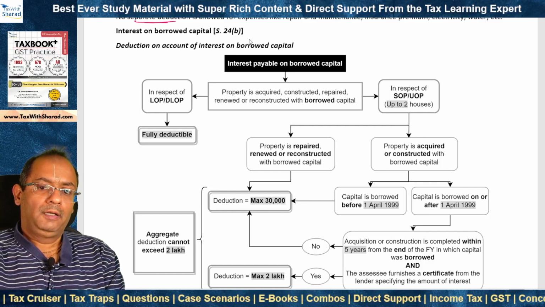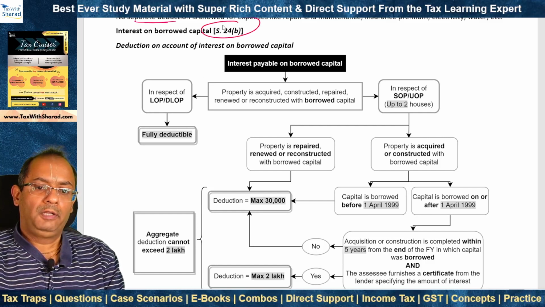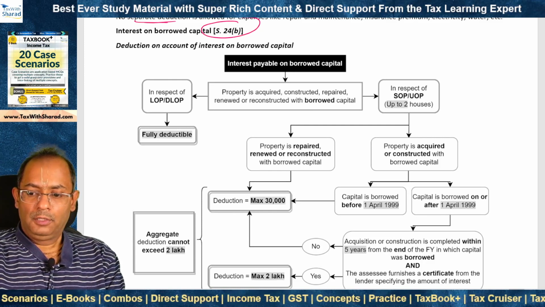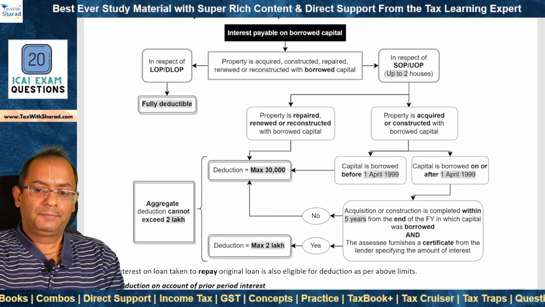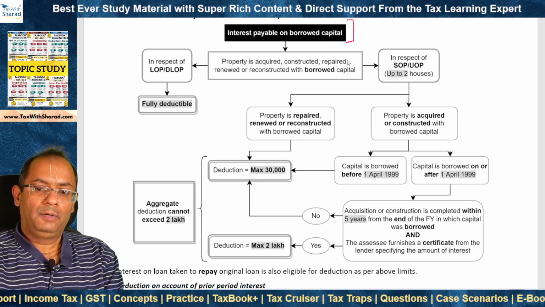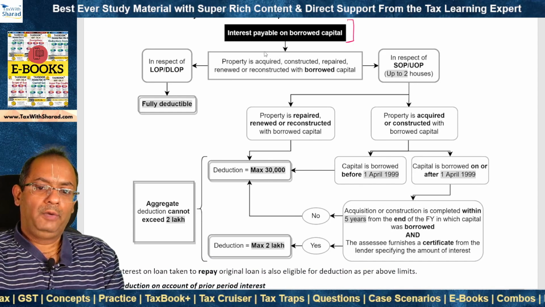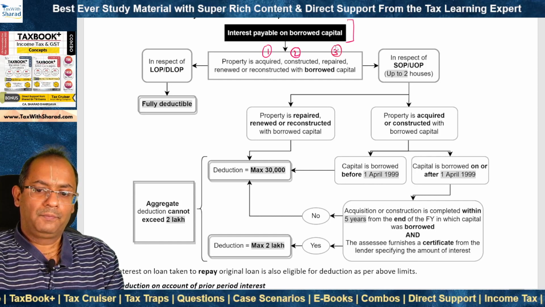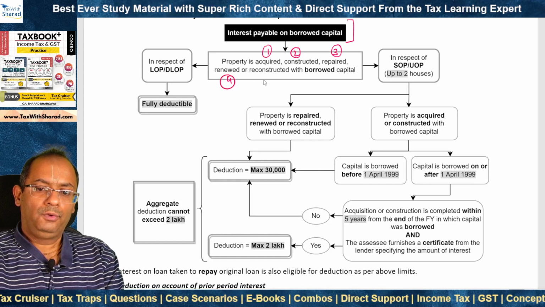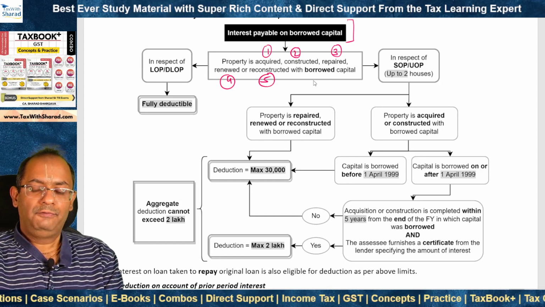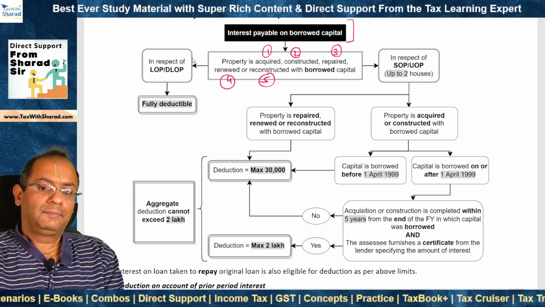The second deduction under section 24 is under section 24B on account of interest on borrowed capital. What is the quantum of interest? Interest payable on borrowed capital is allowed as a deduction where property is acquired, constructed, repaired, renewed, or reconstructed with borrowed capital. 5 cases.